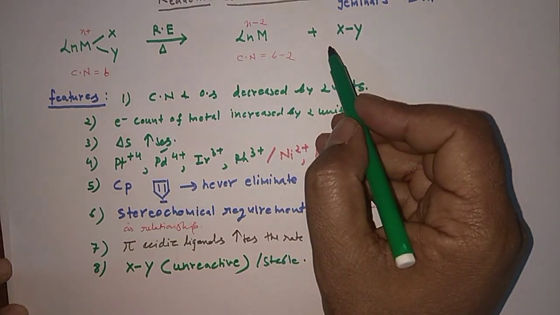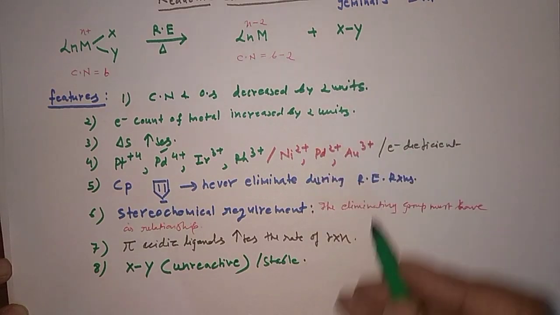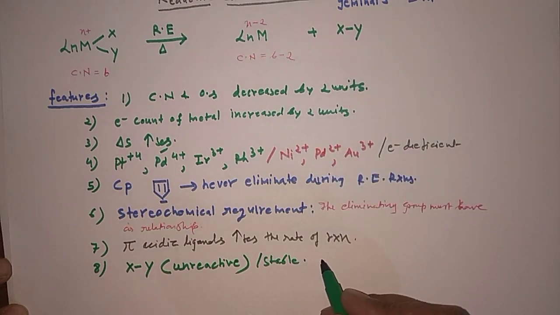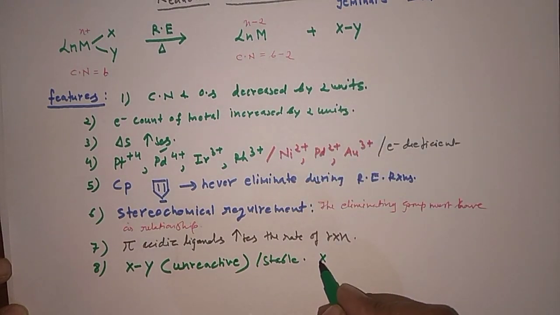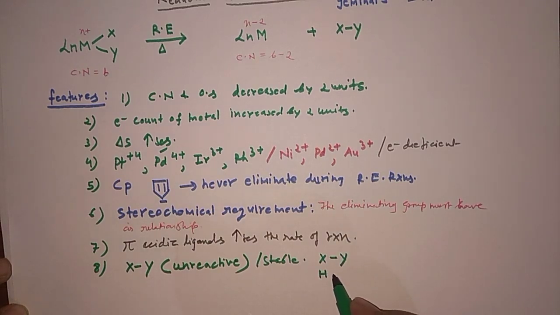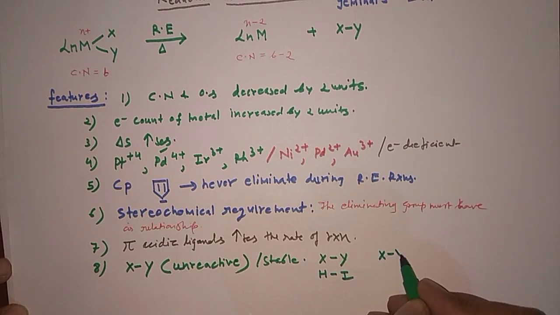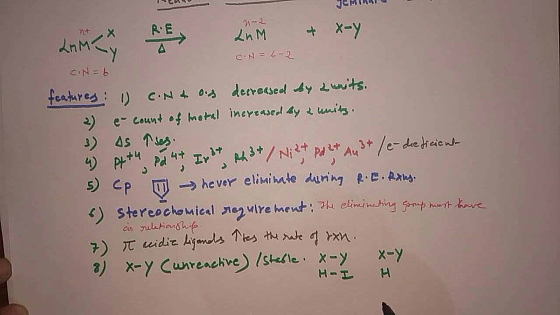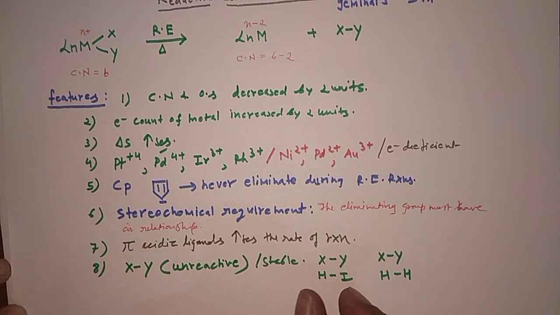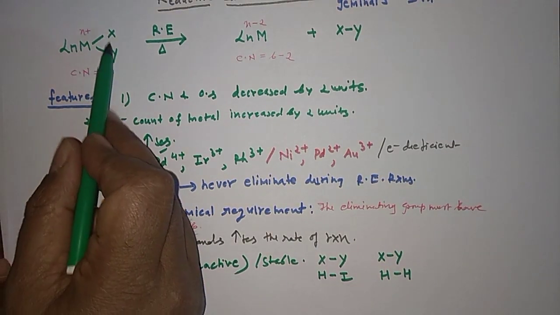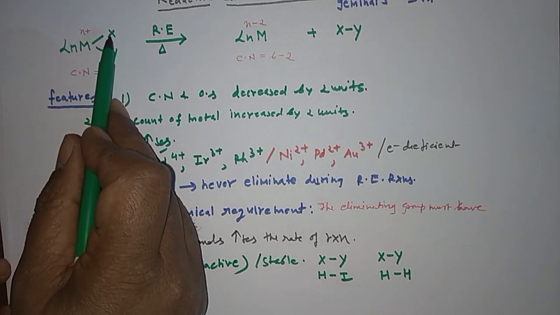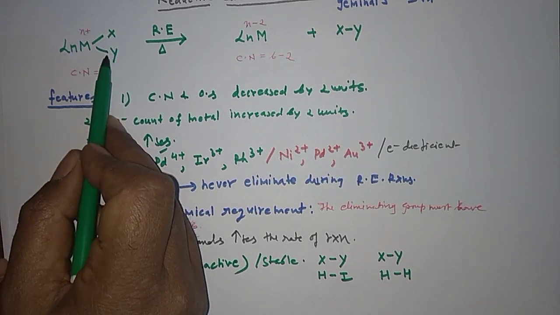Okay, say for example, you are having this type of condition, XY, say it is having H and it is having I. Similarly, in the second case, this X is also H and this other one is also H, and say these two in the substrate, this H and I are here and they are bearing the cis relationship.